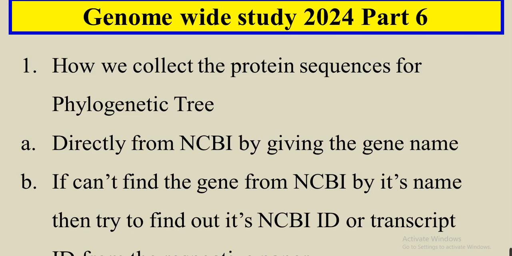In that case, we should have the NCBI ID or transcript ID of that gene. So we will also try to do this method in this video to find the NCBI ID or transcript ID of that gene.